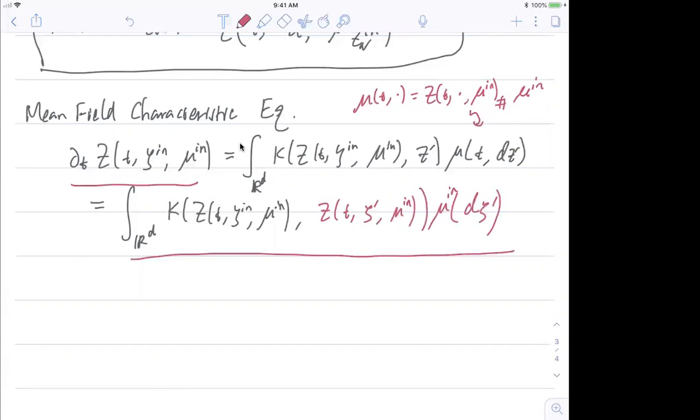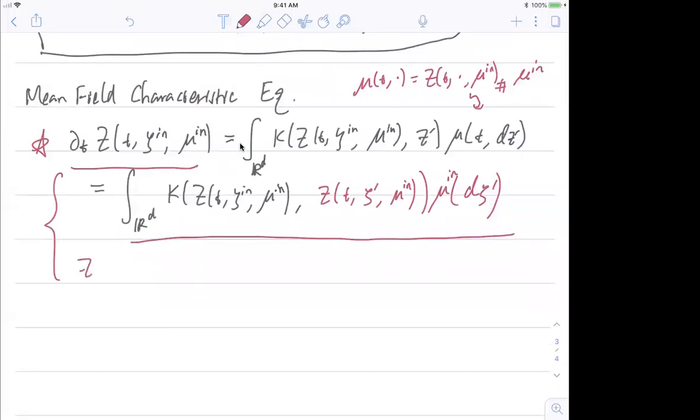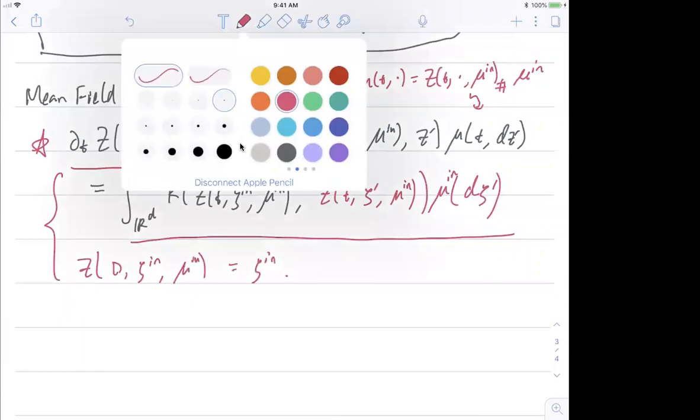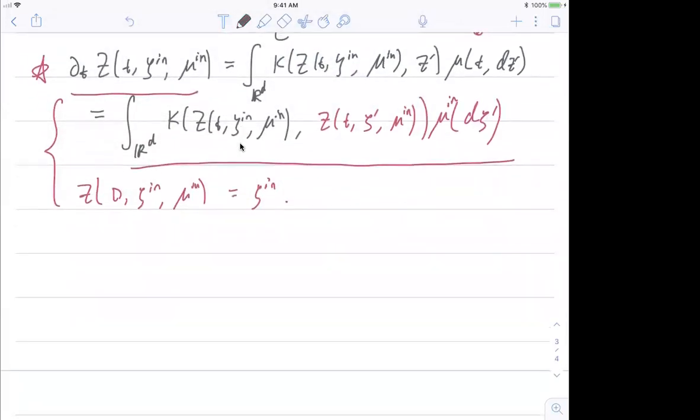And the integral now does not involve the measure at time t. It only involves the measure at initial time 0. And we will need this. Of course, this is trivial, it's just a way we write that. Okay. So now we have everything ready to give the Dobrushin estimate.